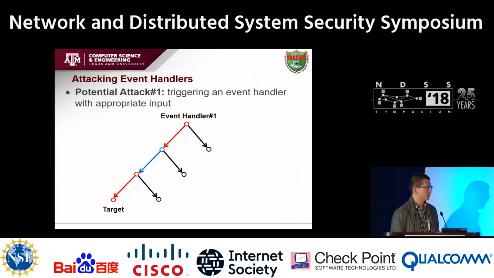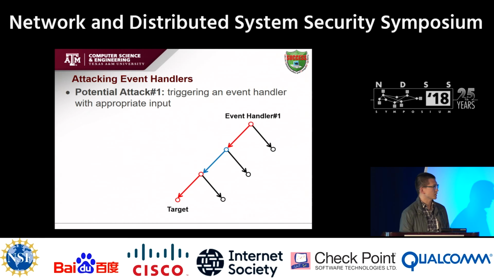But sometimes it may be very hard for attackers. For example, the second statement's path constraint cannot be satisfied no matter what input is given. In this case, it's very difficult for the attacker to leverage this functionality. But in the native handler mechanism, there are still some possibilities for attackers to leverage it.